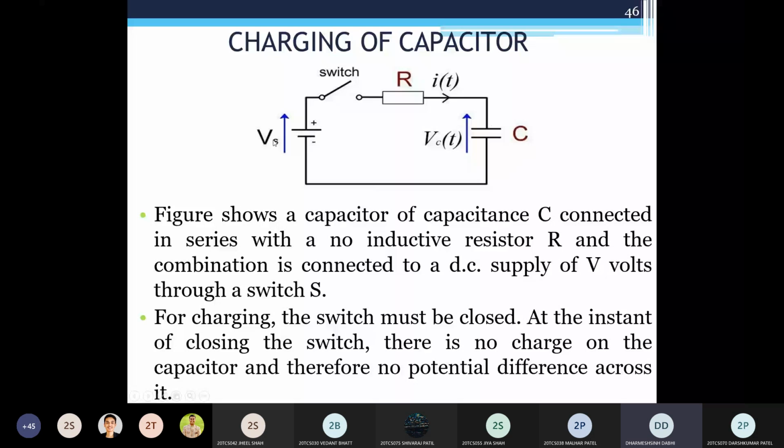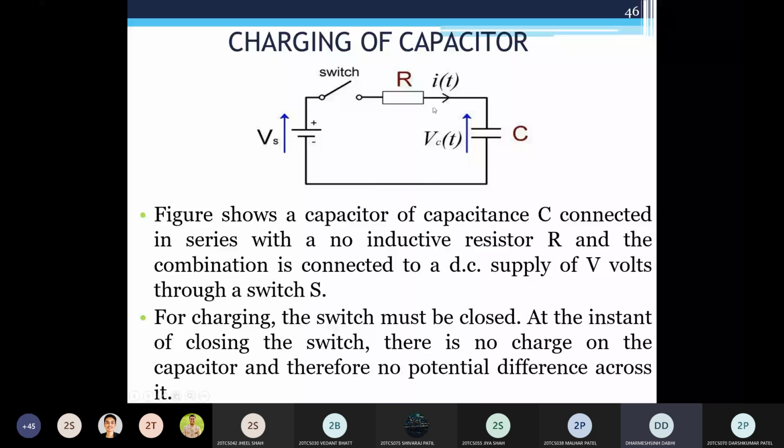So initially your whole supply voltage Vs comes directly across this R. That is only for a small period of time. This is a momentary action. But once your capacitor is charging, the voltage across the capacitor also increases because the charge increases. As Q increases, the voltage across the capacitor also increases. But momentarily, when you close the switch, at that initial time, the supply voltage comes across this resistance.